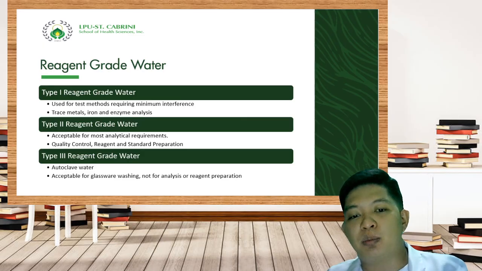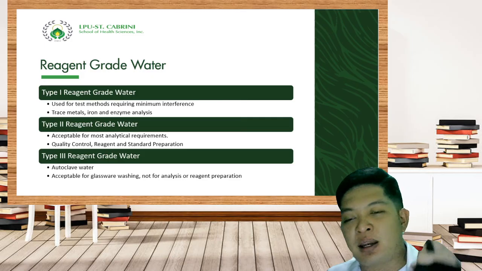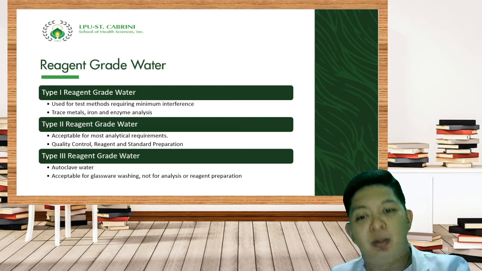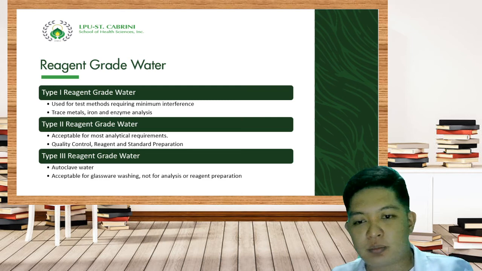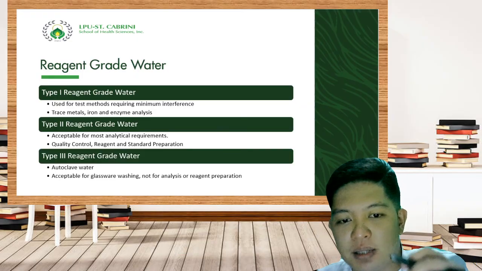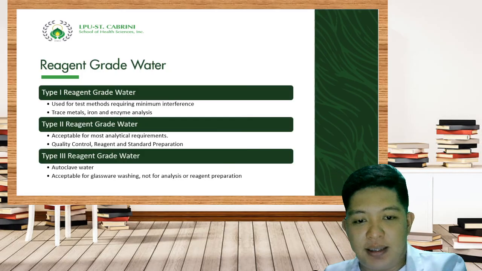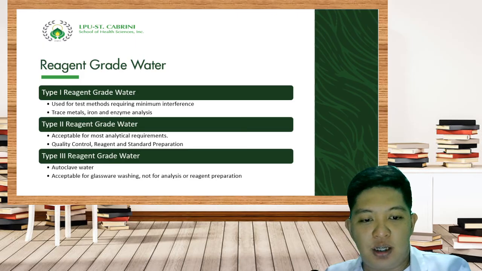Because type 2 is suitable for quality control, reagent, and standard preparation. Remember, lumabas po ito ng board exam namin. Pwede rin itanong ulit sa inyo. The question is, the acceptable or the most commonly used reagent water. And that is type 2 reagent water.